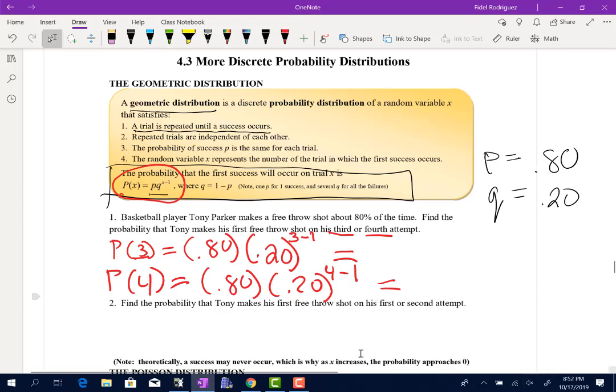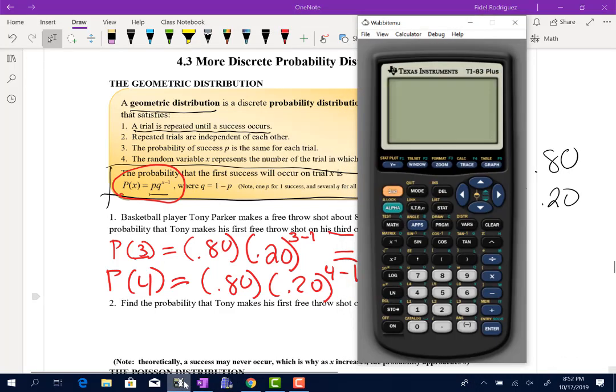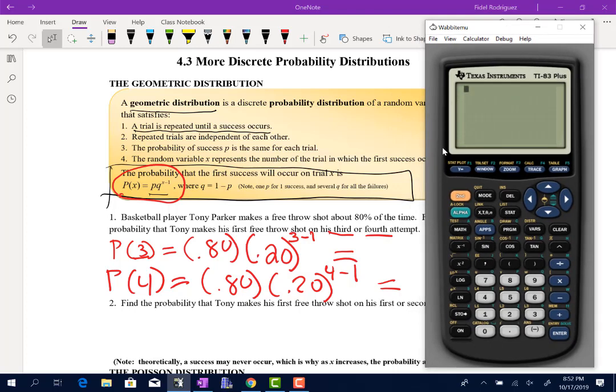So guys, the first thing I'm going to do, I'm going to grab my calculator again. So here it is. Let me turn it on. Let me clear my screen. Okay, so the first part here, guys, I'm going to take parentheses. I'm going to type in 0.80. I'm going to close off my parentheses. And then we're going to multiply. I'm going to put parentheses again. What number? 0.20. Okay.